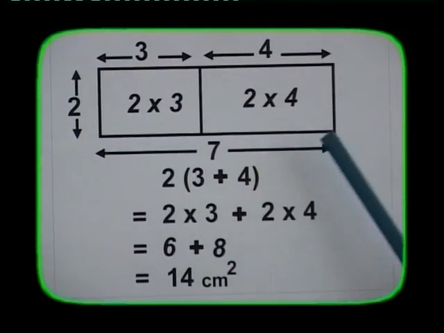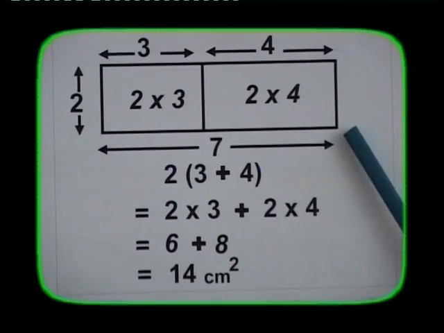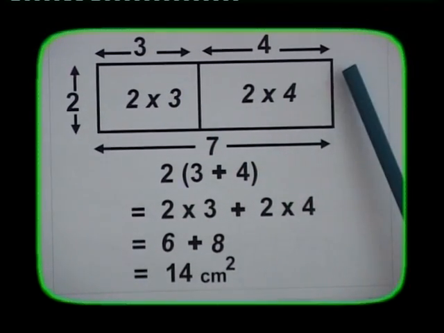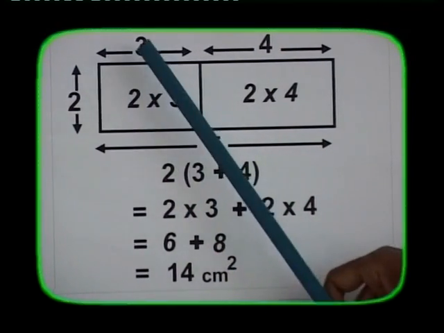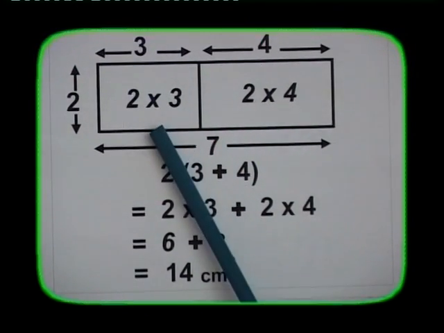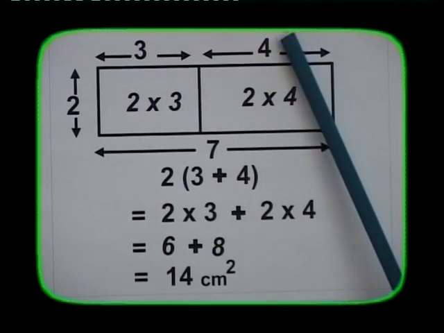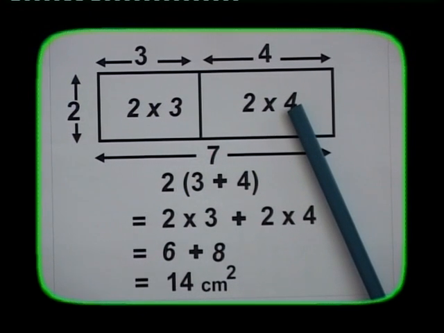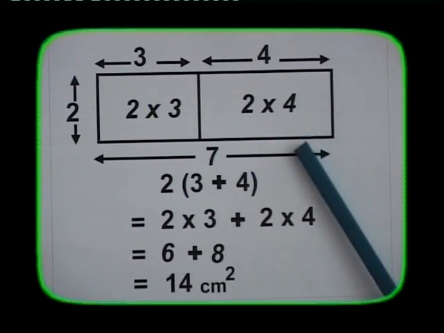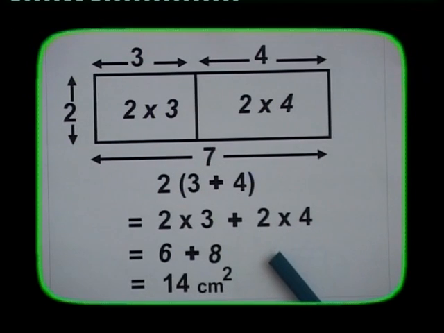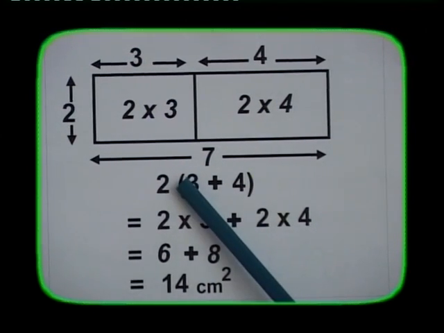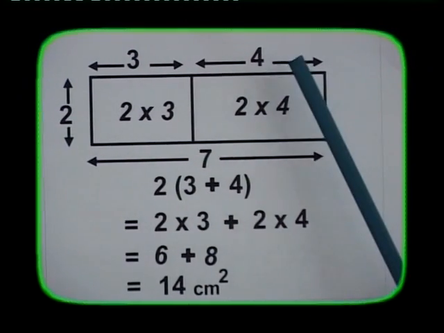Still we have the same diagram and we have the figures that are written. 2 times 3, that is area 1, and 2 times 4, that's for this second shape here. Look at how it can be written out. 2 is common for the two shapes.